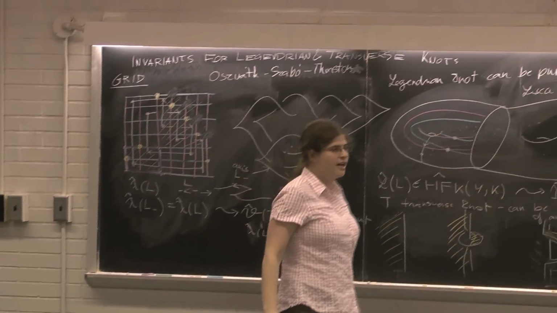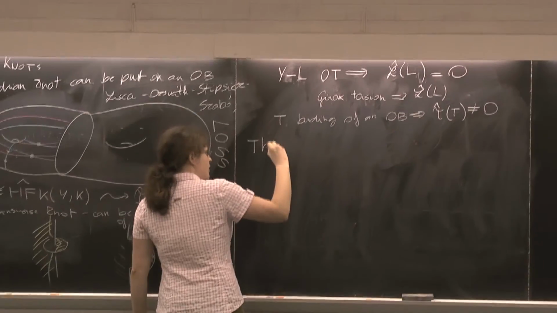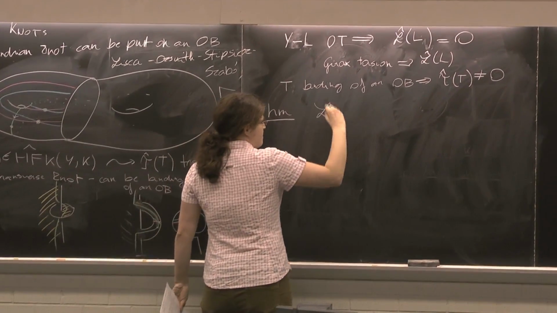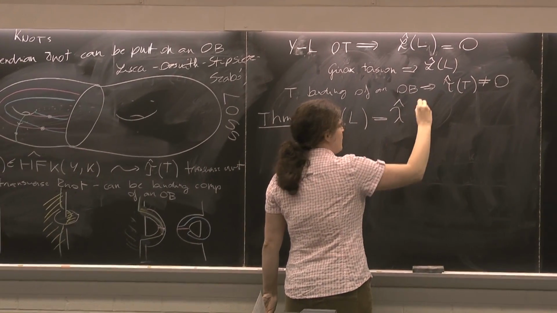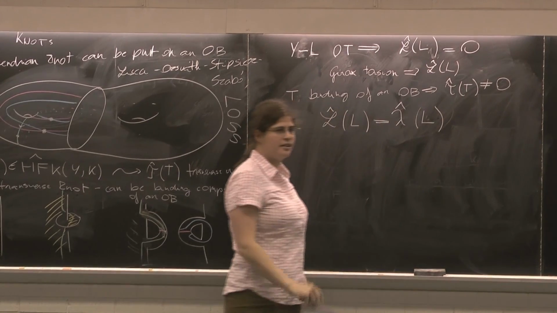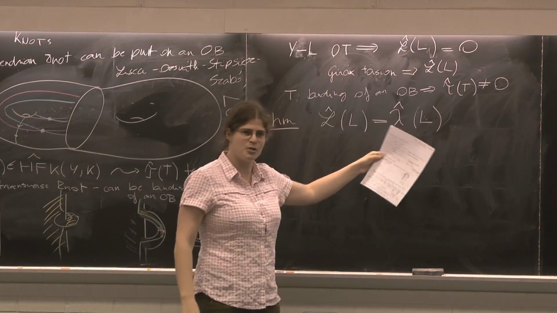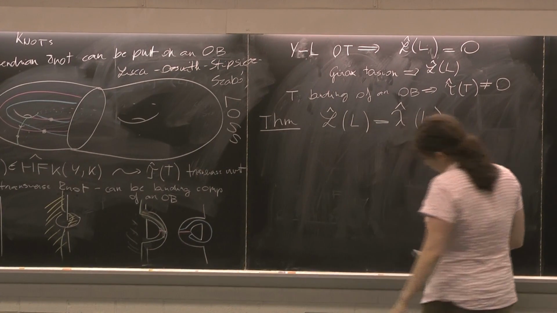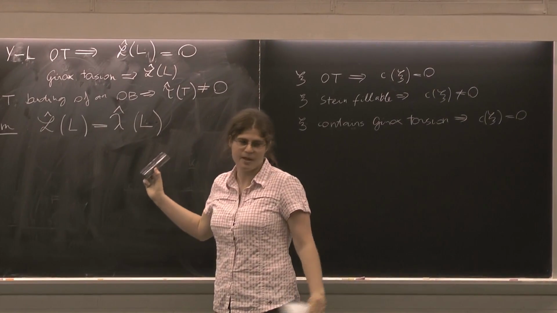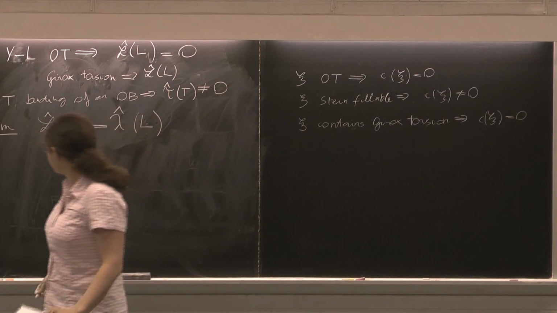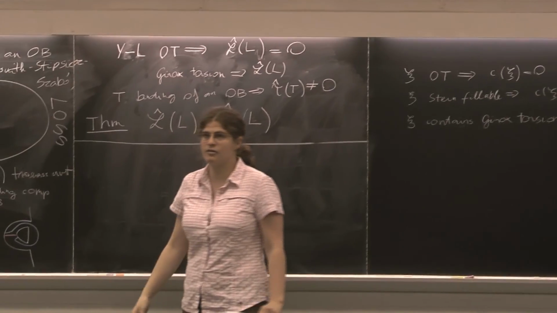And then by doing all of this, we will be able to prove the theorem that these two invariants are the same. And surely, under some identification of the Heegaard Floer homology. So there's an isomorphism of the Heegaard Floer homology, which brings this element to this element. That's what I want. And as I said, for this, I'm going to define an invariant for transverse knots.